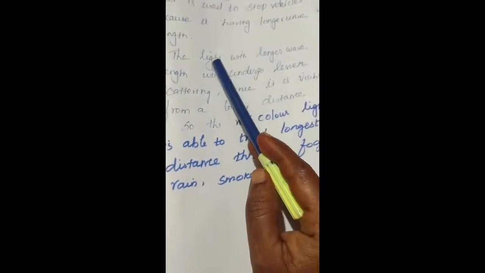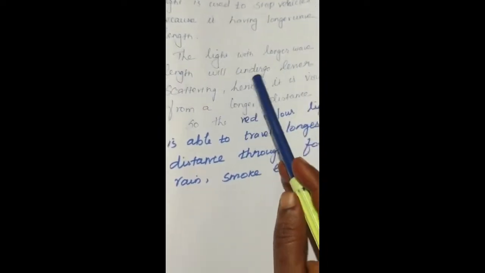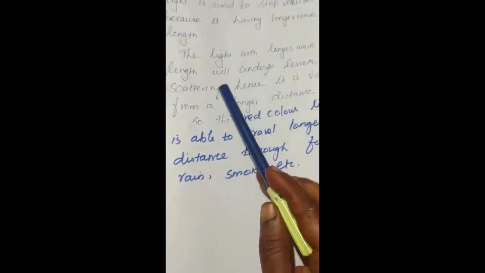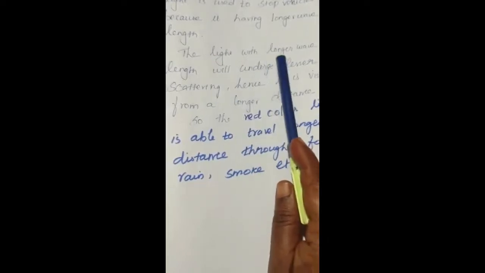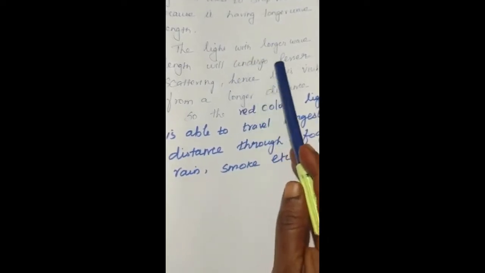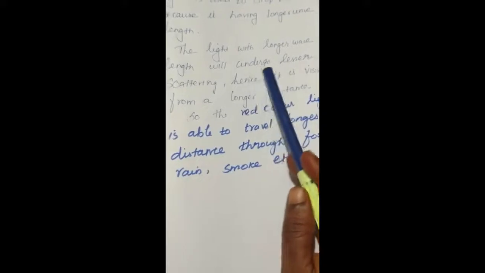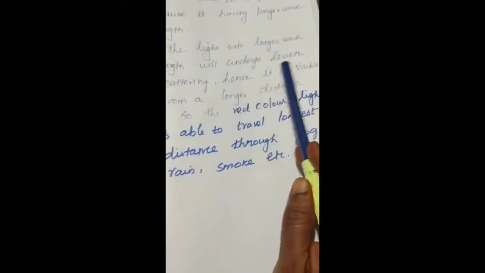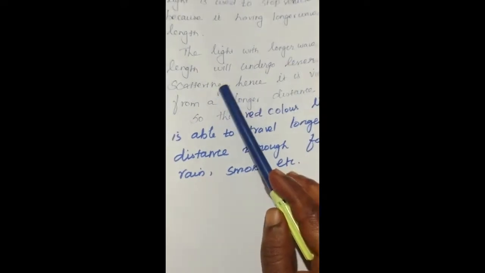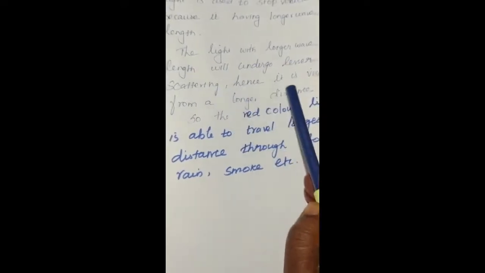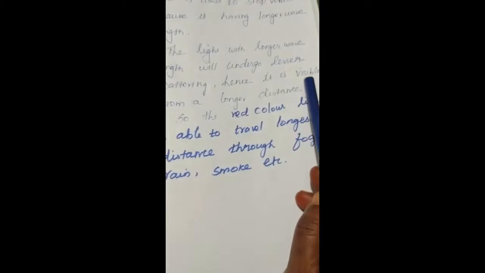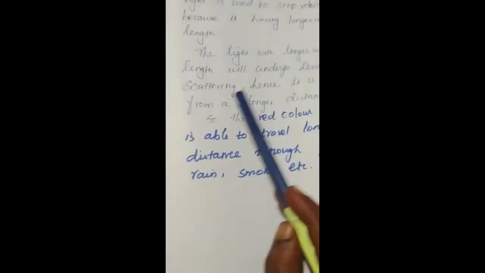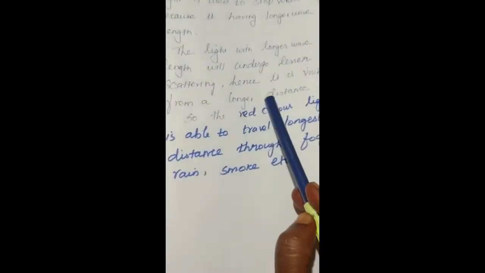Next paragraph, the light with longer wavelength will undergo lesser scattering. So red having the longest wavelength, the scattering power will be less. Less amount of light only will scatter. Hence, it is visible from a longer distance.